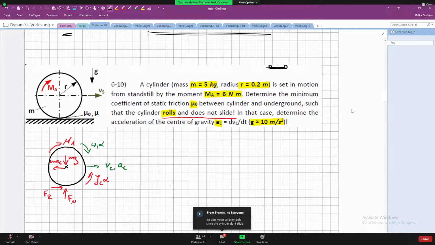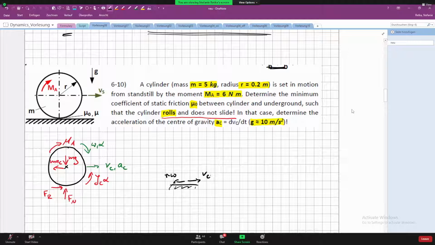Okay, this is the surface. By what do I mean the velocity pole? Or the equation, the kinematic condition, yes. This is the direction of r omega, and this is the direction of the center of gravity, which in case of pure rolling is 0.